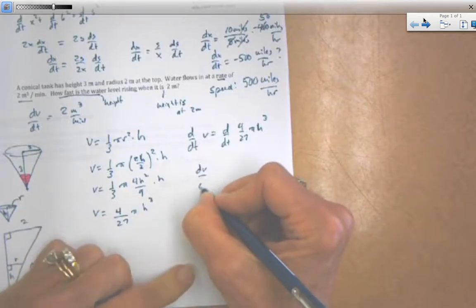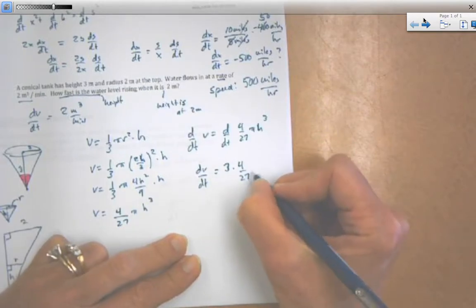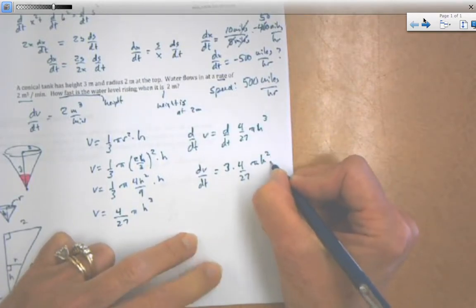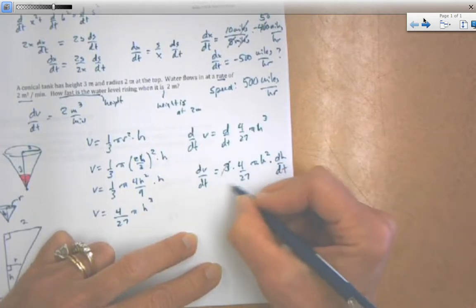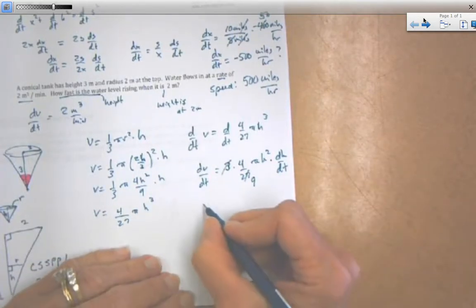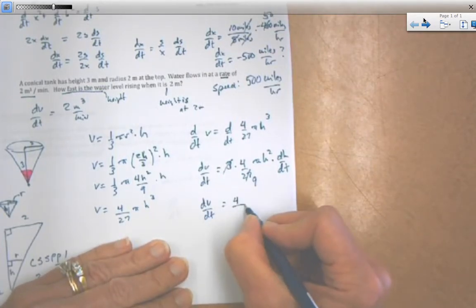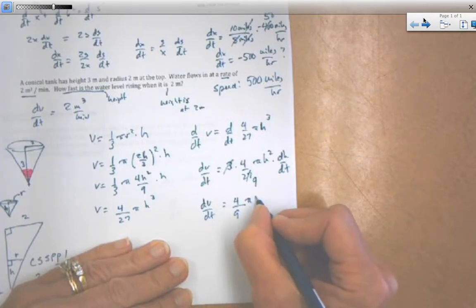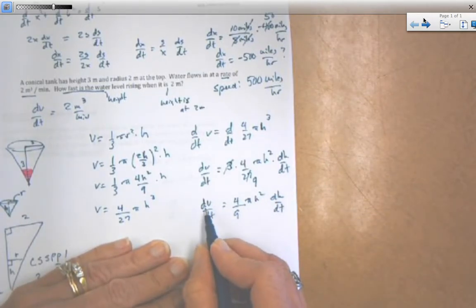And dV/dt equals 3 times 4 over 27 pi h squared dh/dt. 3 goes into 27 9 times, makes your life a little bit easier. And let's just simplify that a little bit. H squared dh/dt.